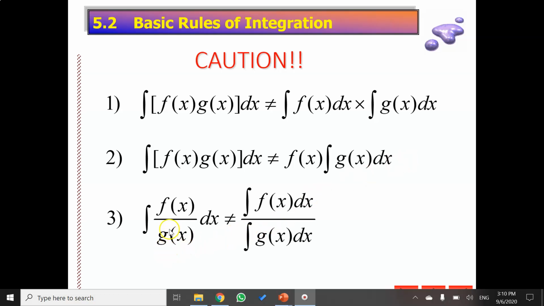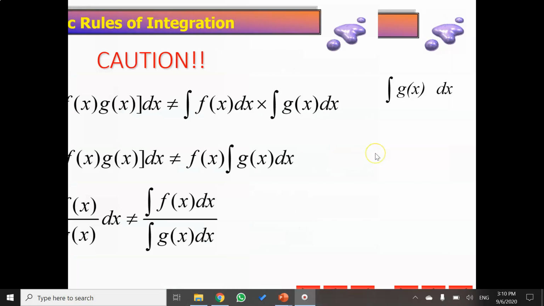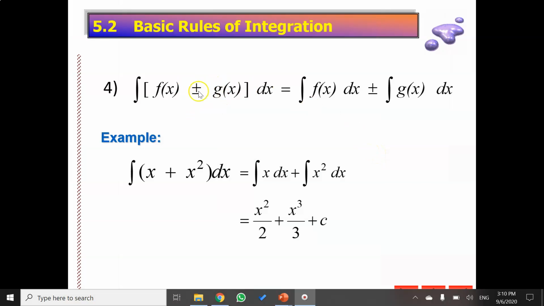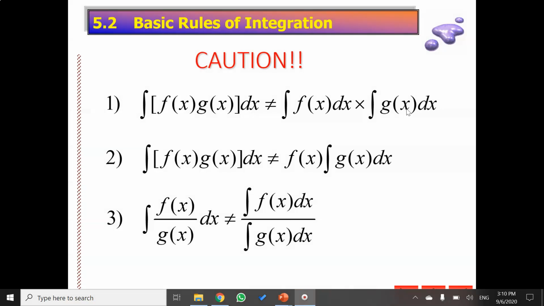And number 3, the integration of f(x) divided by g(x) dx is not equal to the integration of f(x) dx divided by the integration of g(x) dx. This is also wrong. So remember, for both functions, you can only separate it if there is a plus or minus sign, like the previous one. Okay?